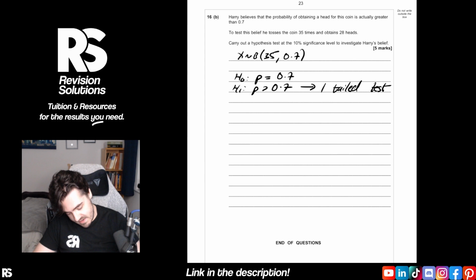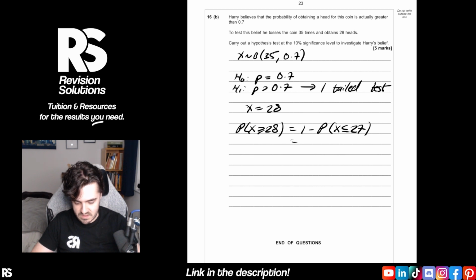So for his test statistic of x equals 28, we need to find the probability x is greater than or equal to 28, which would be 1 minus the probability x is less than or equal to 27. So if we find that using the binomial CD function on our calculator, so 27 for x, n is now 35, and p is still 0.7.